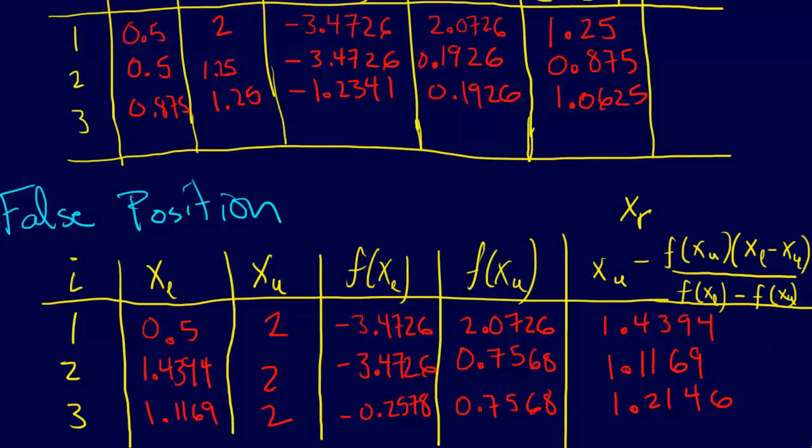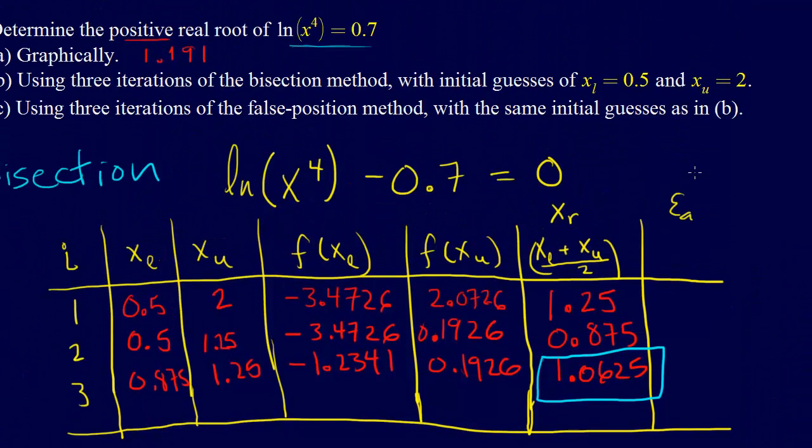I think we're done with the problem. So we can compare our answers to make sure they look good. But we got 1.2146, 1.0625, and 1.191.